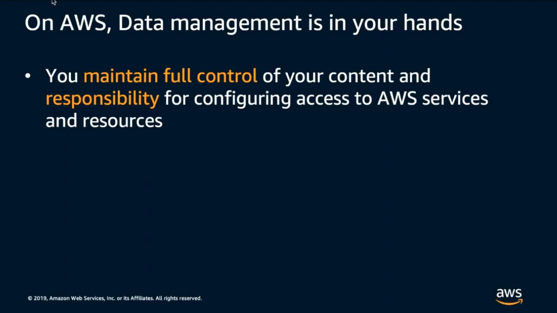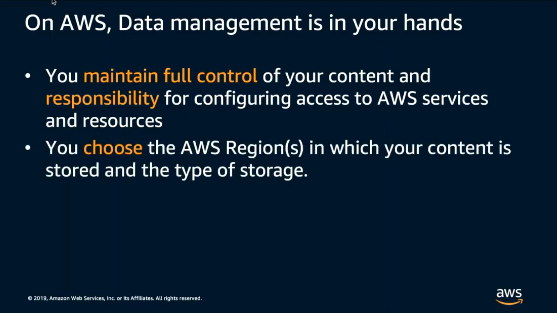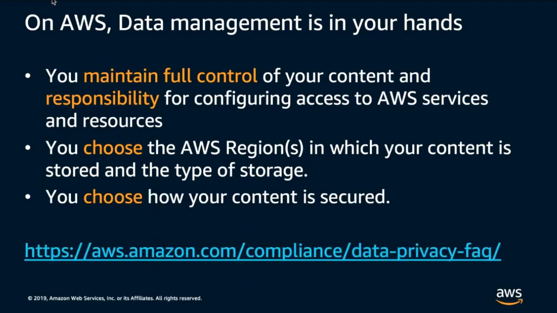Similarly, you're the person who chooses which region to place the data which you've collected for your customer, and how to store that, whether it's encrypted, unencrypted, in a database, in an S3 bucket, or so on. And you also choose how your content is secured.